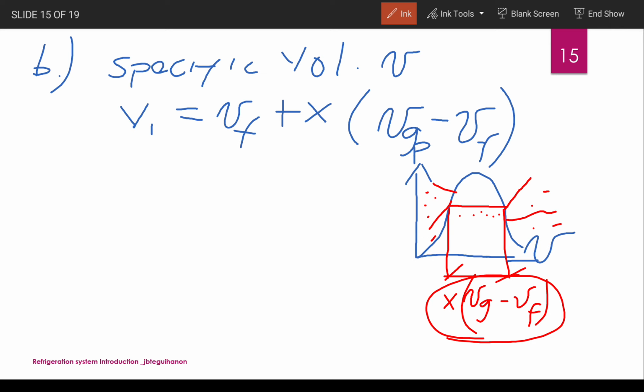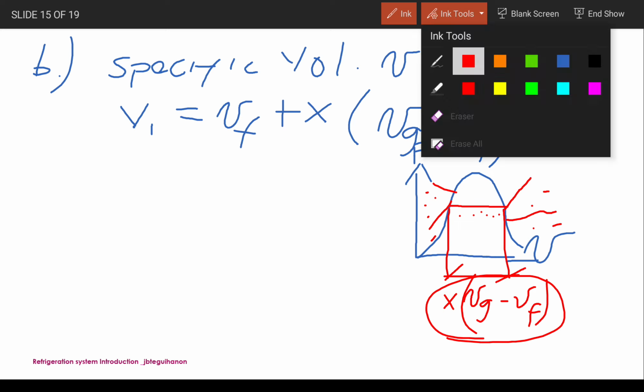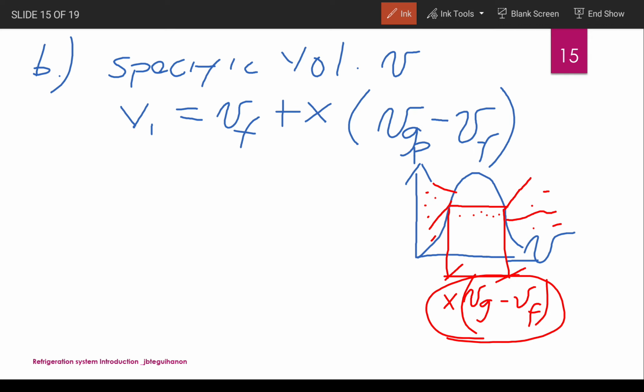Of course I will not show the table, but we can have the value of specific volume 1.